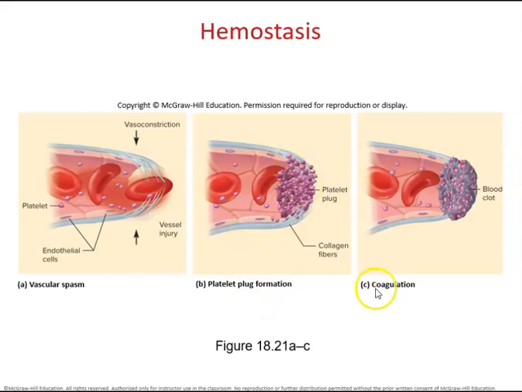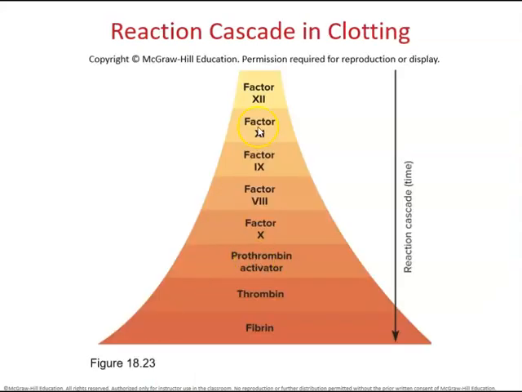The last step is coagulation. Here, the protein fibrinogen is converted into fibrin threads to fill up the wound area and form a blood clot. In the coagulation step, there are many factors involved in clotting: fibrinogen, thrombin, prothrombin activator, and other factors.